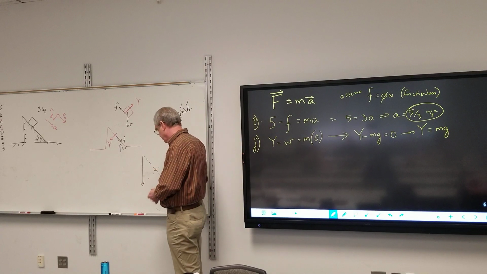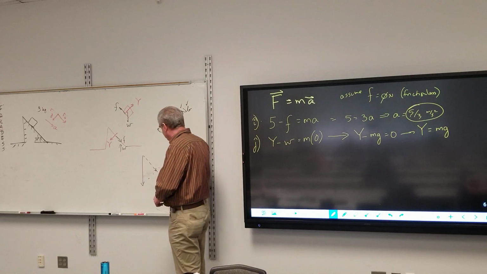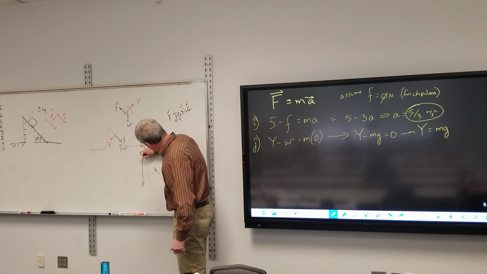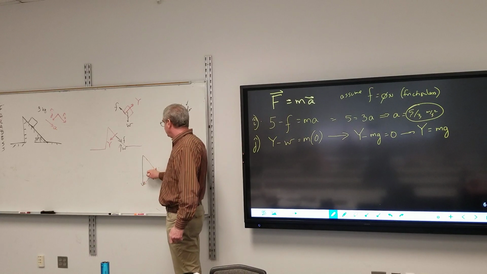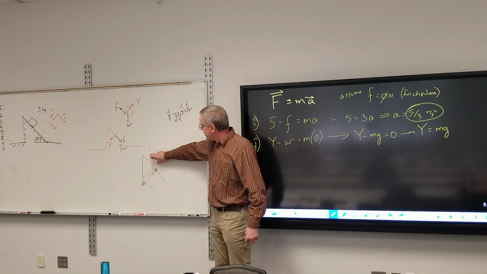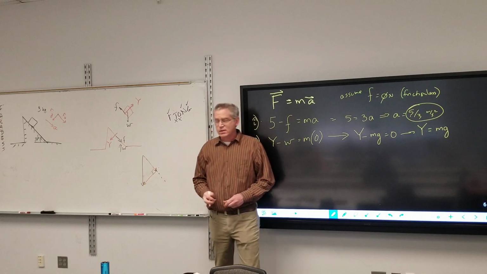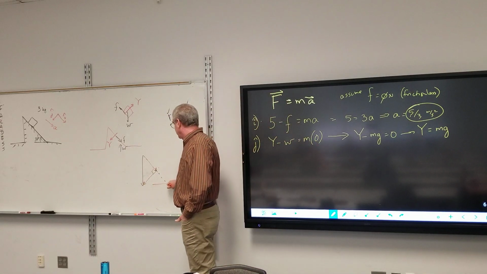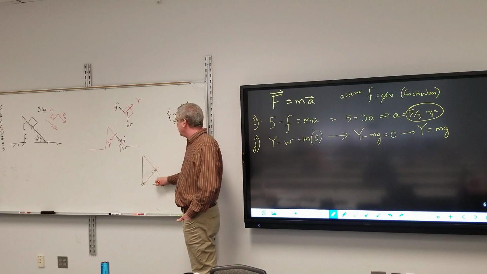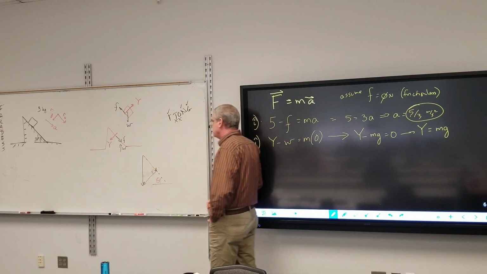That is a right angle right there. I need to figure out what that is, and I need to figure out what that is. I do know this angle down here, which I'm just going to label generically as theta, but 37 degrees.